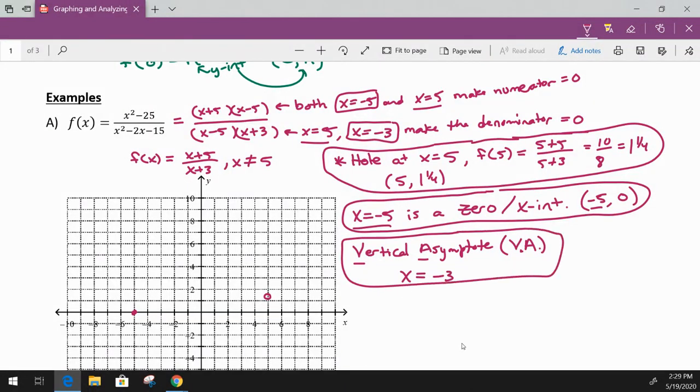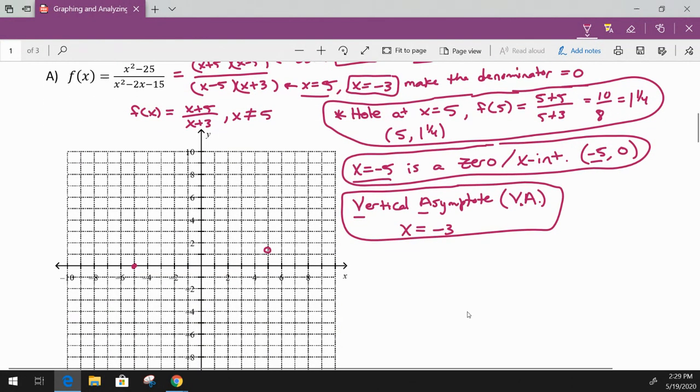So this is a line. It's a vertical line, and we typically make it a dotted line. This is not a point. So the function itself can never equal -3, but you are going to see when we graph the rest of this that it's going to get closer and closer to an x value of -3, but really it's never going to be equal to -3.